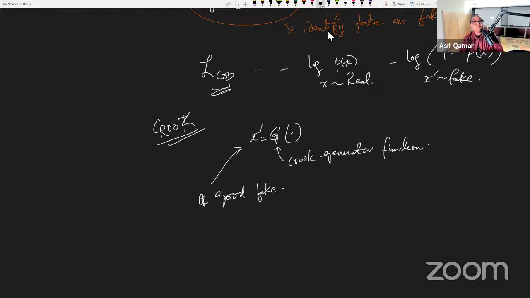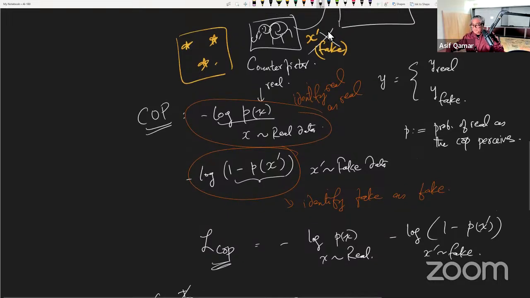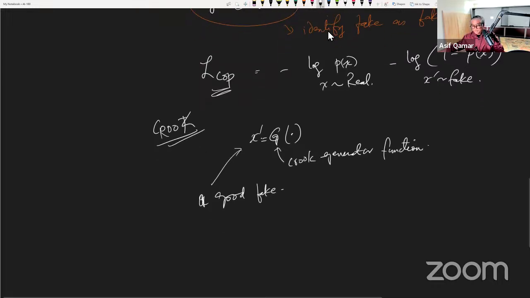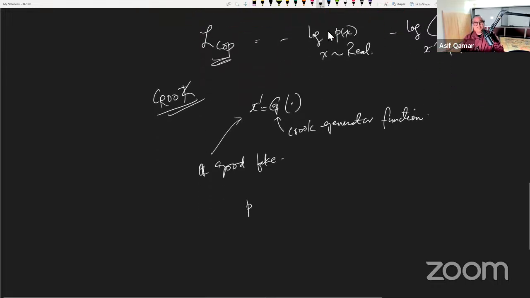So far so good, guys. But if it is a good fake, then ultimately the cop is going to look at it. The probability from the cop, as the cop sees it, of x prime is the same as the probability of the cop seeing G of the fake. Are we together?